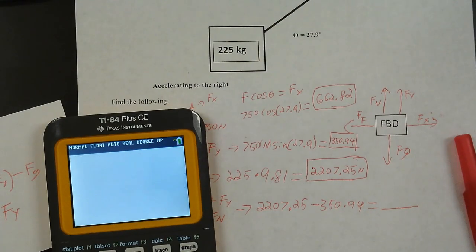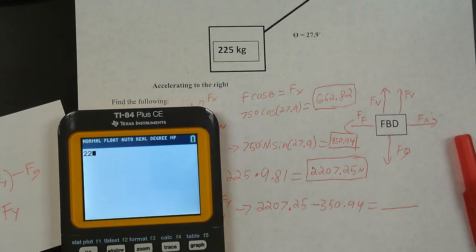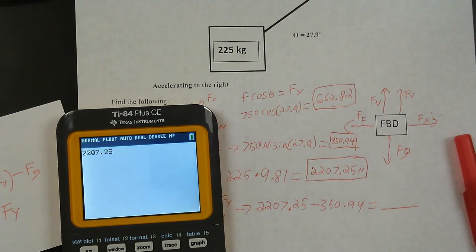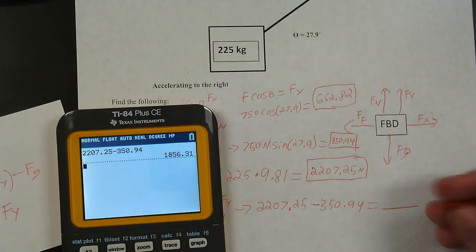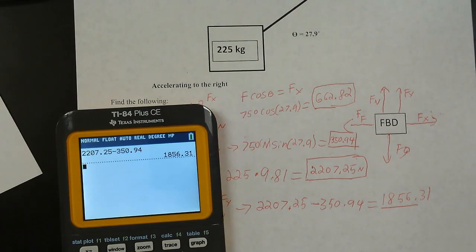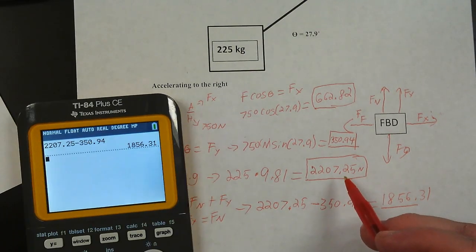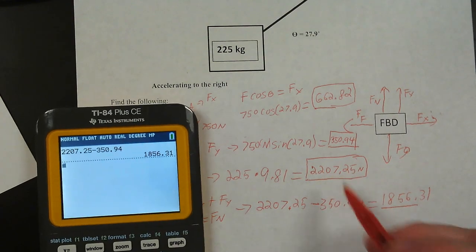So let's do that. 2207.25 minus 350.94 equals, there is my Fn, 1856.31. It is smaller than my Fg, which it should be.